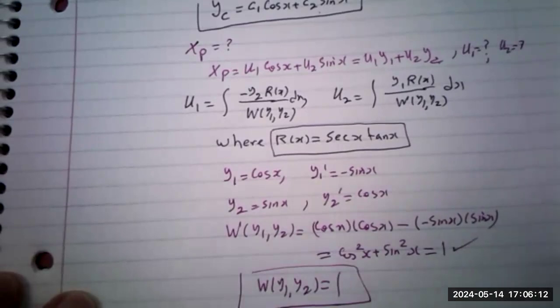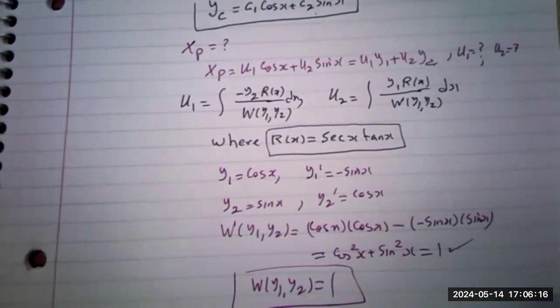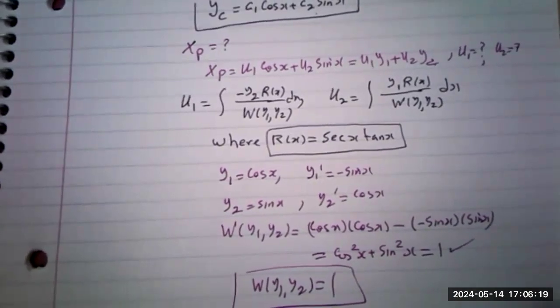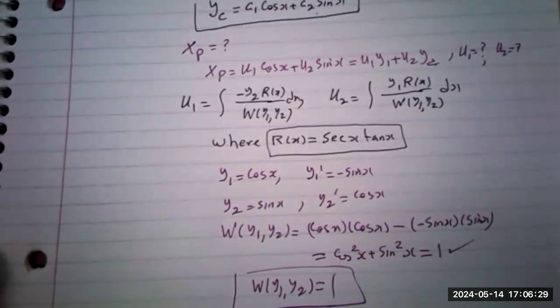Okay, so we have r of x, u1, u2, and then we are going to form those integrals and find them. So make sure that you have the u1, u2 formulas, and that r of x is taken when the coefficient of y double prime is 1. Okay, are you ready? We go to the next part.